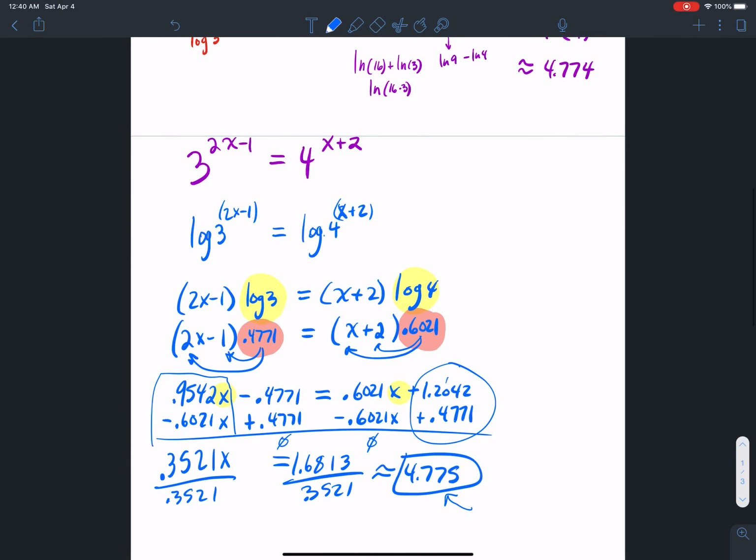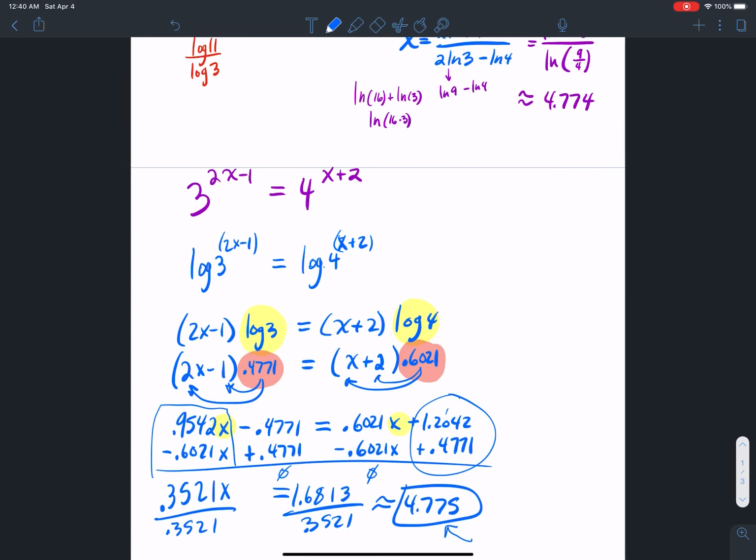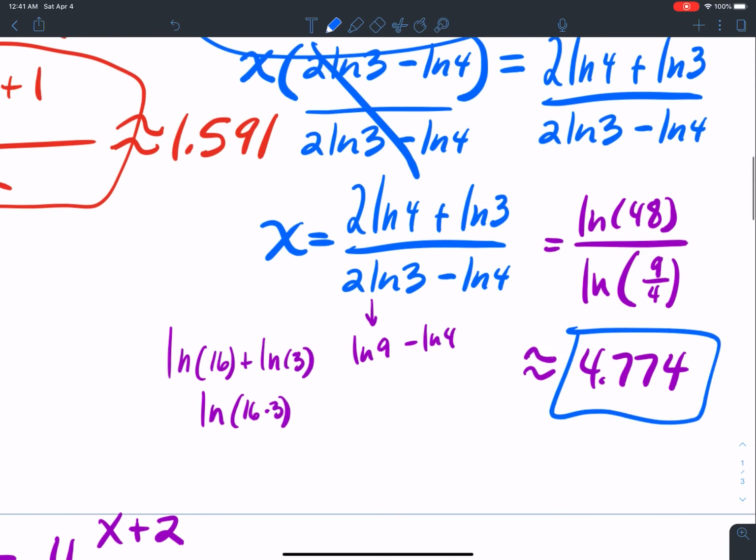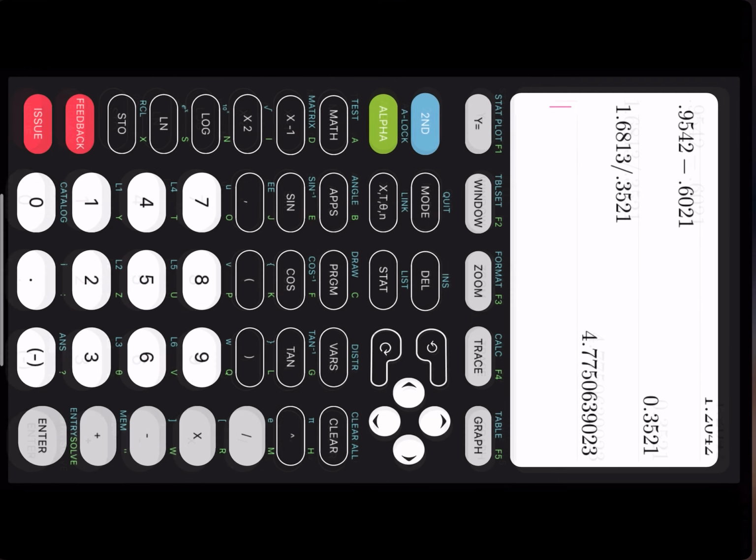So, like this one right here, see how close we were? Yikes, right? Even with 4 decimal places, we didn't quite get it exactly accurate, but we were pretty dang close. Let me make sure that I didn't calculate that wrong. ln 48 over ln 9 over 4.